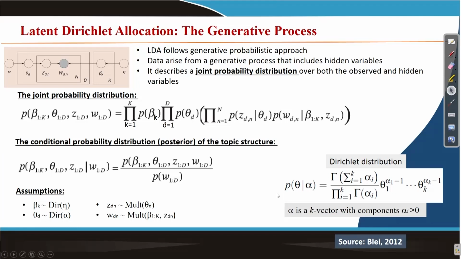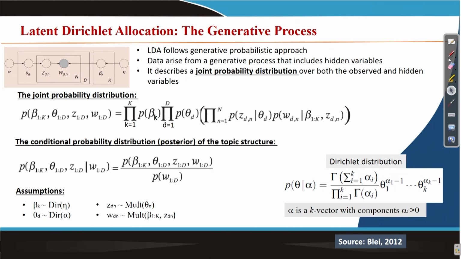Here, as we said, a document is a mixture of topics and a topic is a mixture of words. So ultimately the documents are being generated accordingly. That process in the probabilistic domain, how it is happening: the LDA follows a generative probabilistic approach.